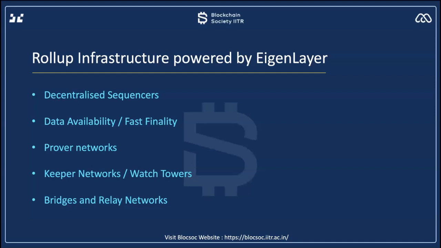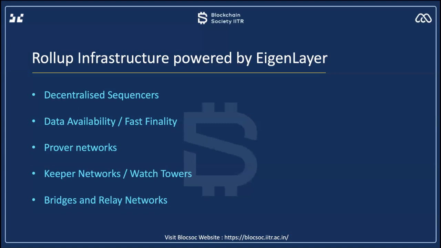Even if one particular node is malicious and will not include a transaction, another node might. So that solves the problem of censorship and also downtime, because if a particular node is faulty or down, it doesn't matter because a lot of other nodes can pick up the slack. That is a very good argument for decentralized sequencers which can be built on EigenLayer.